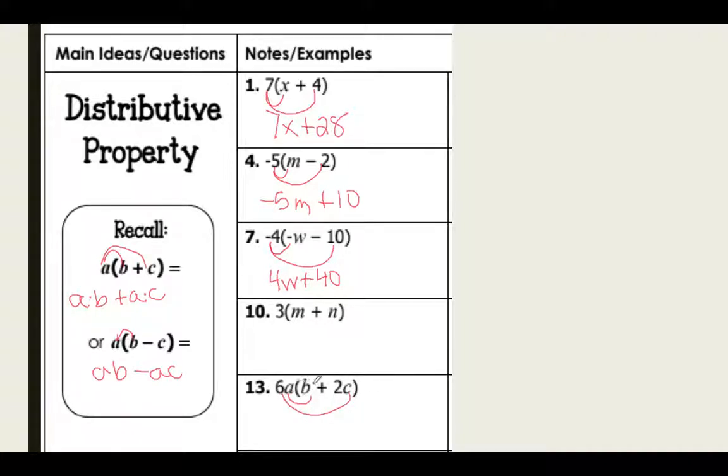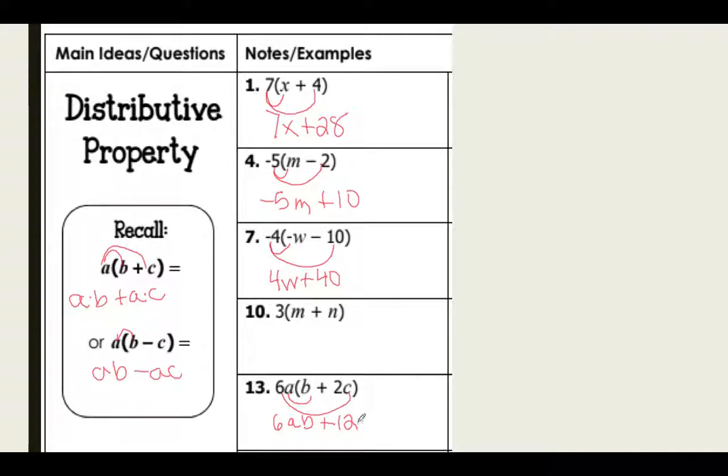So 6a times b is going to be just 6ab or 6ba. Doesn't matter. Usually the number comes first. If you really wrote it as a6b, that's fine, but you usually would put that coefficient in front of the variables. 6a times 2c, so 6 times 2 is 12.